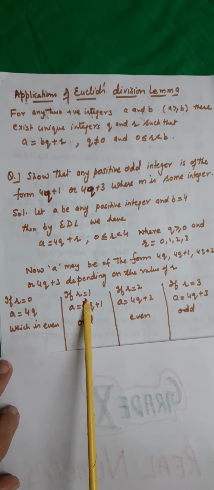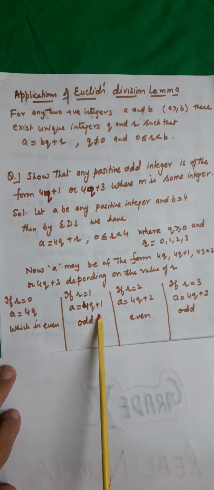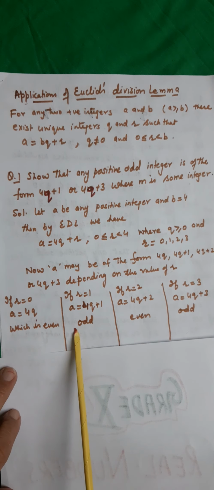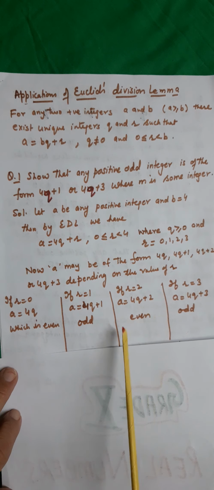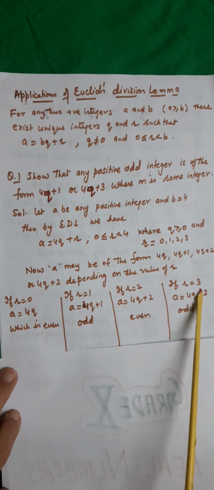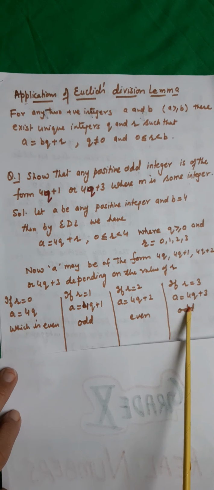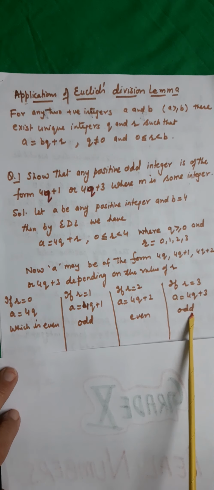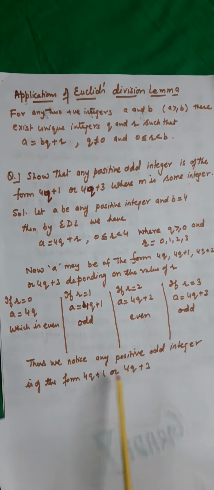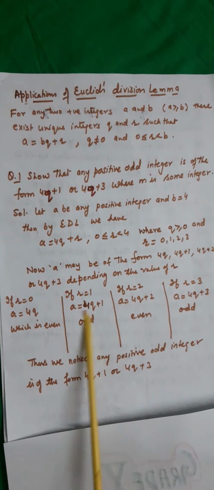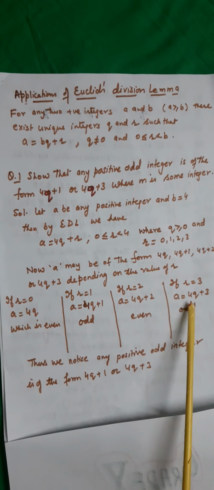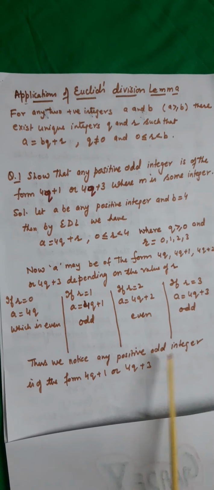If r is equal to 1, a will be equal to 4q plus 1, which will definitely be odd. If r is equal to 2, a is equal to 4q plus 2, it will be even. And if r is equal to 3, a will be equal to 4q plus 3, which is odd. So certainly we have noticed that any positive odd integer will be of the form 4q plus 1 or 4q plus 3.